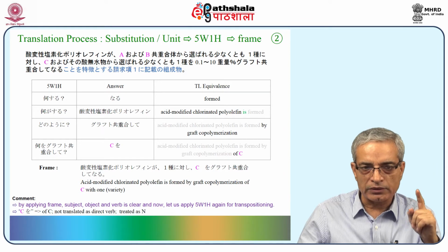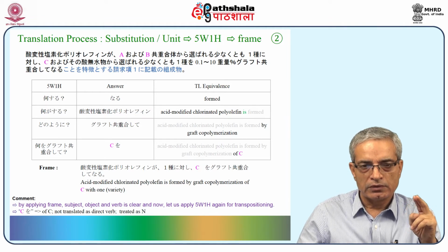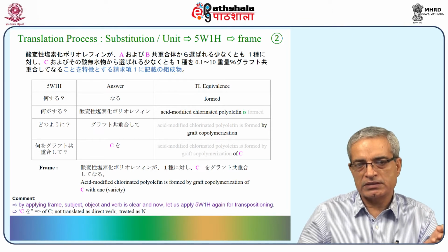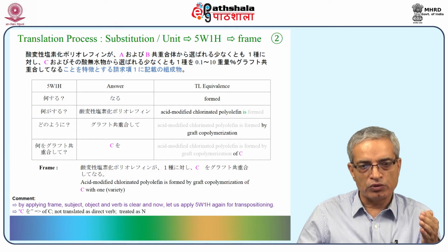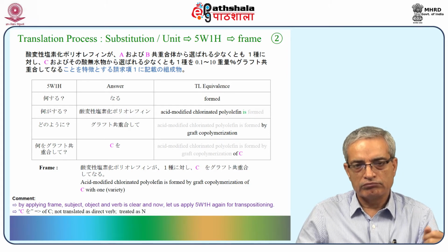So again, yes, can you read out the question? Nani suru? Naru, that is formed. Nani ga suru? So you have to define. So it is acid modified chlorinated olefin. Dono yoni? Graft kyojugo shite. Nani o graft kyojugo shite?